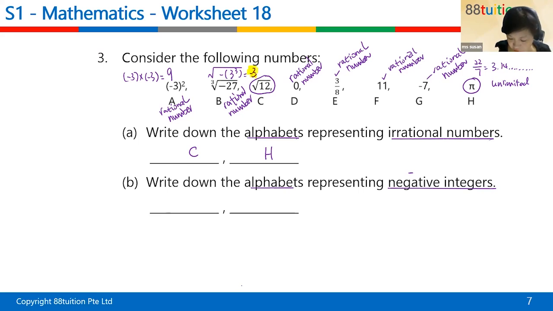Okay, I see a -3 here. I see a -7 here. So they wanted a negative integer. So these two must be negative.